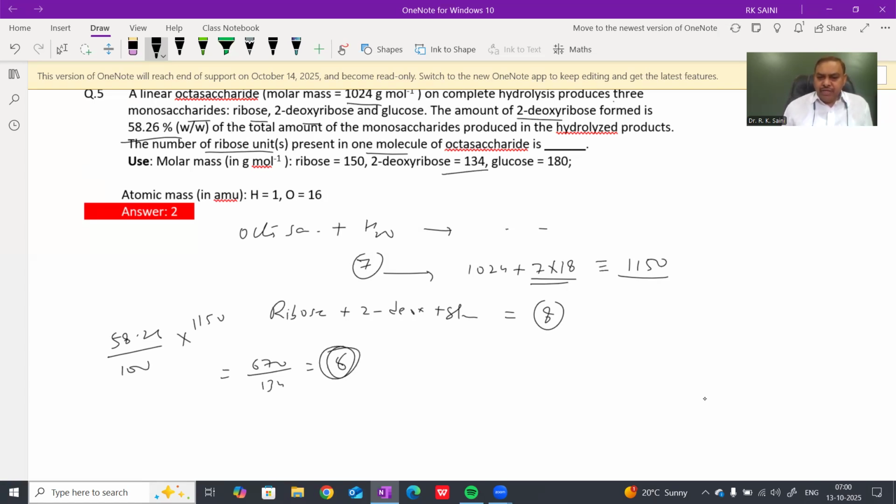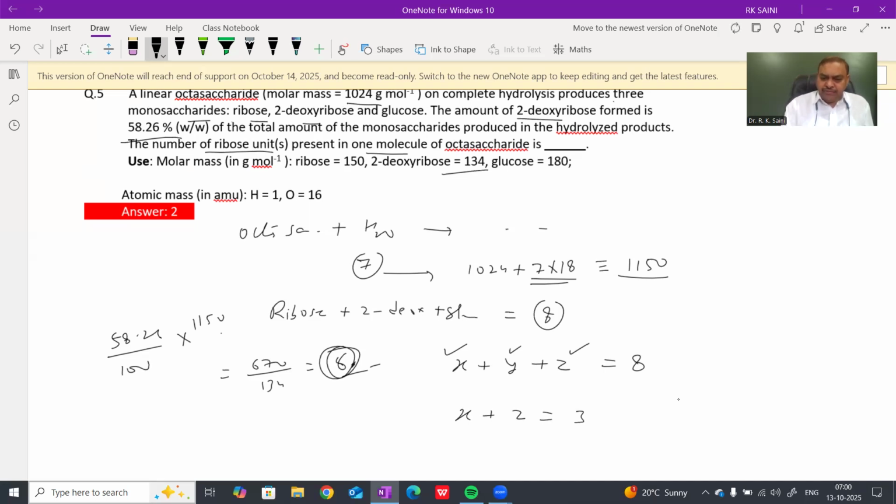It means X plus Y plus Z equals 8, where X is ribose, Y is deoxyribose, and Z is glucose. Total units 8. We find 6 units of 2-deoxyribose. Therefore, X plus Z equals 3.